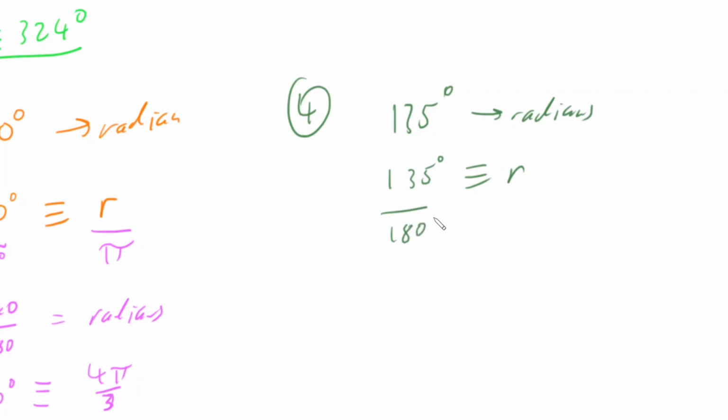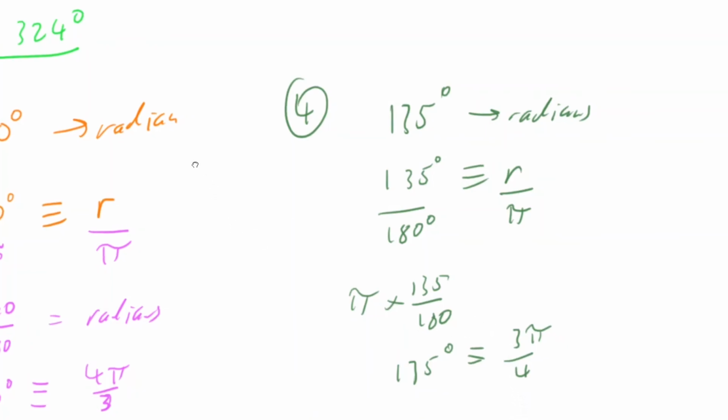Divide degrees by degrees and radians by radians, and multiply up by pi. That means 135 degrees is equivalent to pi times 135 over 180. That's a fraction of 3/4, so we've got 3/4 of pi.